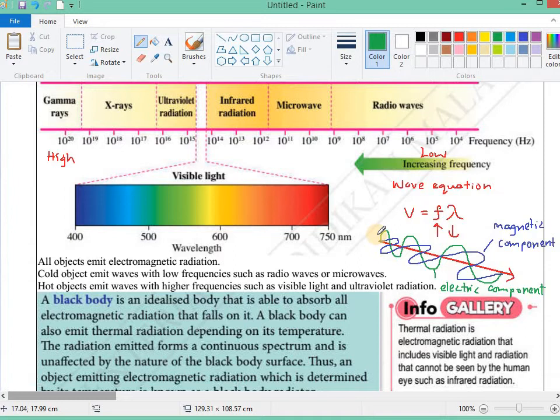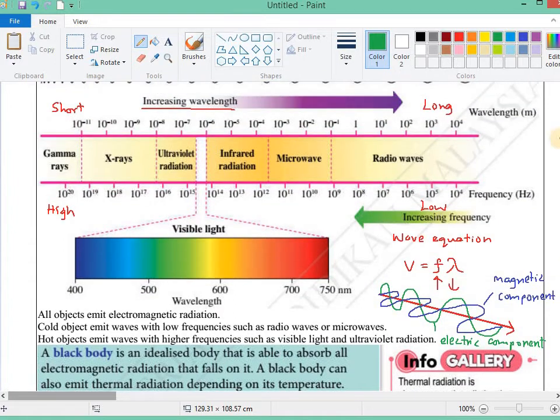Because they have different wavelengths and different frequencies, we can group them into different groups: radio wave, microwave, and so on. And visible light is the light that we can see.